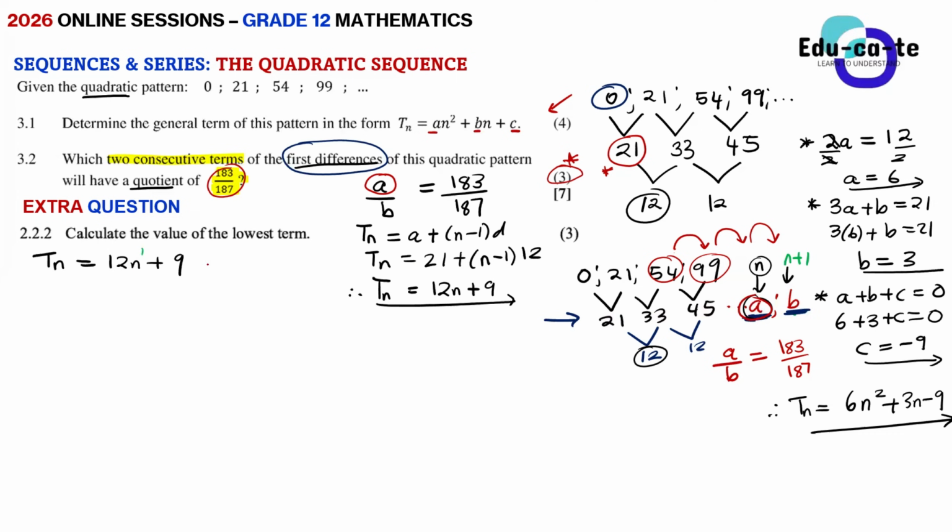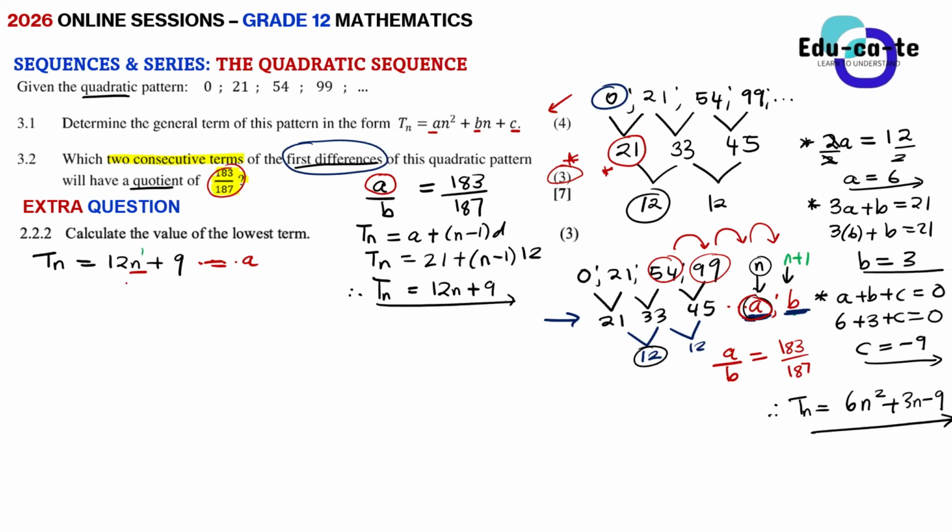So I can just say this is equal to A. Is it fine if I say that this is equal to A, guys? Because the position of A is n. So I'm going to use n for the position of this value, which is A.